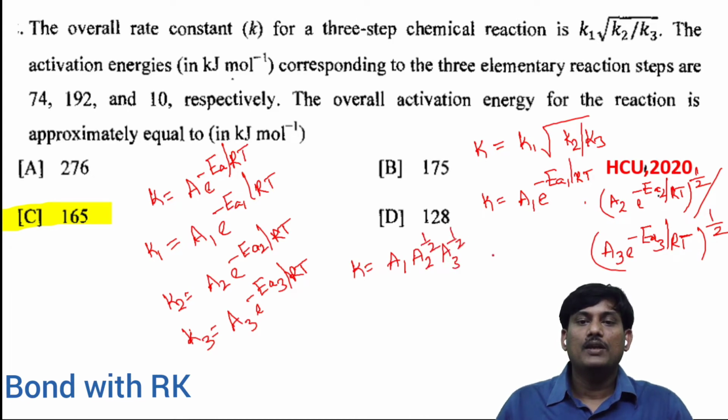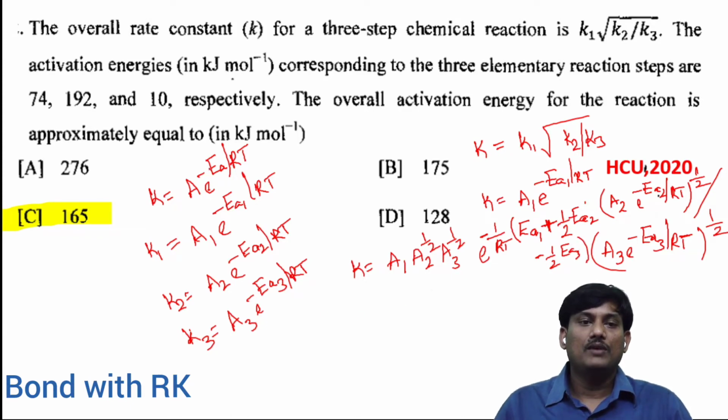And when you take the exponential term, there is a common term 1 by RT, so you can take it common: minus 1 by RT into Ea1 plus 1 by 2 Ea2 minus 1 by 2 Ea3.